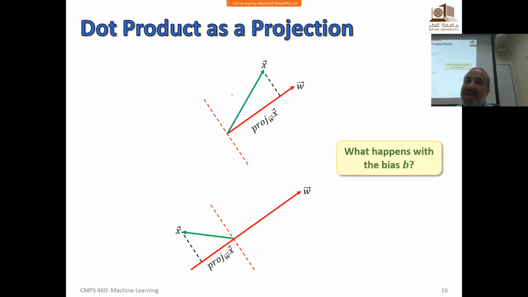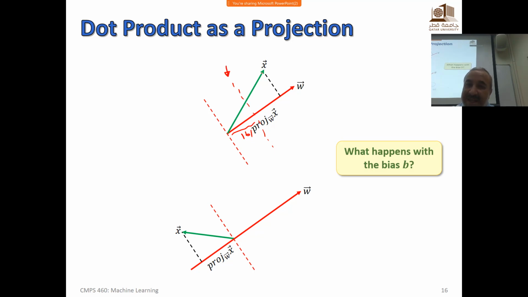So now it is like pushing the decision boundary in the direction of W so that we can reduce the space for the positive examples. We are reducing the space for the positive examples. So in this case, this is now the absolute value of B.